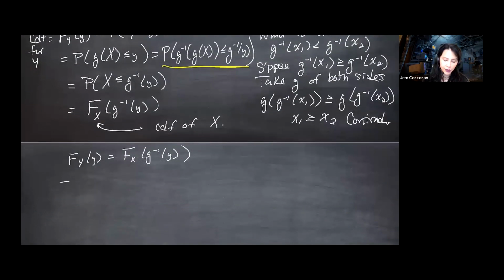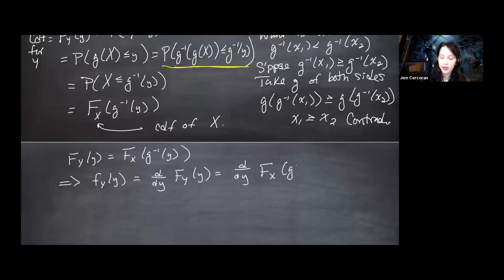So this implies that the PDF for y, which is the derivative with respect to y of the CDF, is the derivative with respect to y of the CDF for x with g inverse of y plugged in, which is the PDF for x, and then by the chain rule, I have to multiply by the derivative with respect to y of g inverse of y.